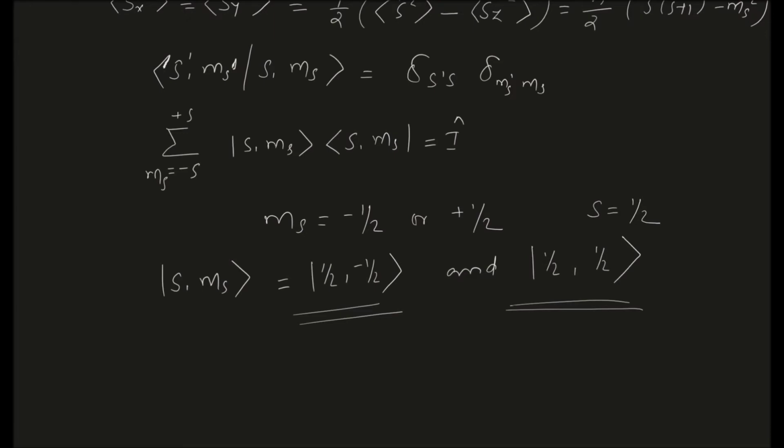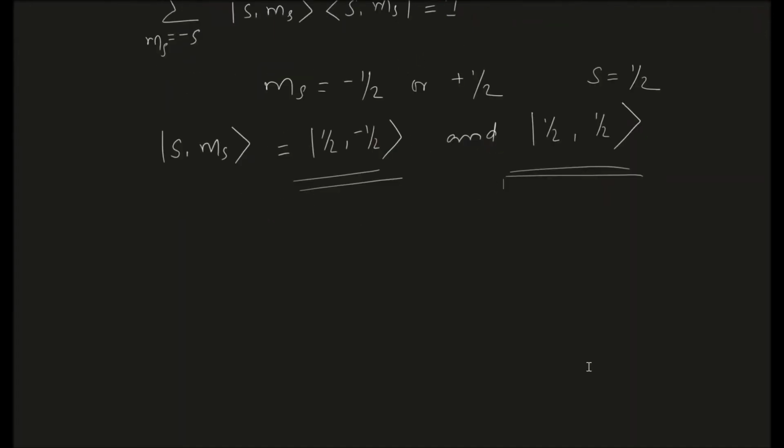So the eigenvalue equation for spin half particles can be written as S square for a spin half particle, half, and ms can have value plus or minus half, and this is given by h cross square into half plus 1, that is s into s plus 1, then we have the state half plus or minus half.